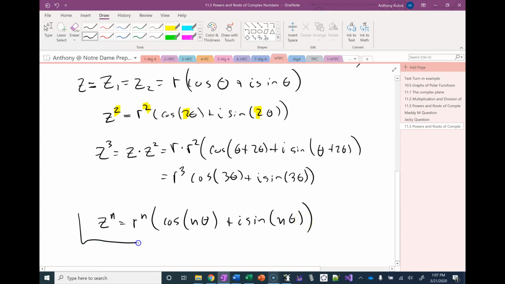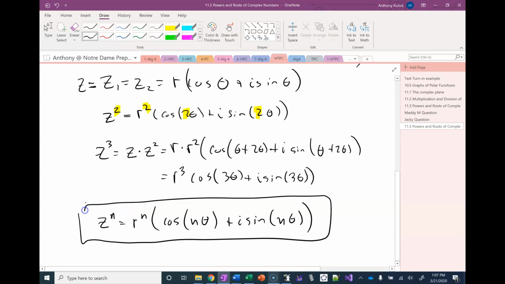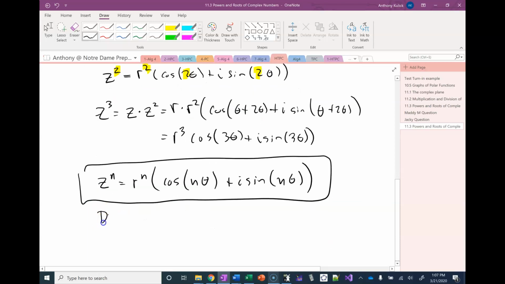And this formula has a name. It's called De Moivre's Theorem, and it's named after the French mathematician that developed this.